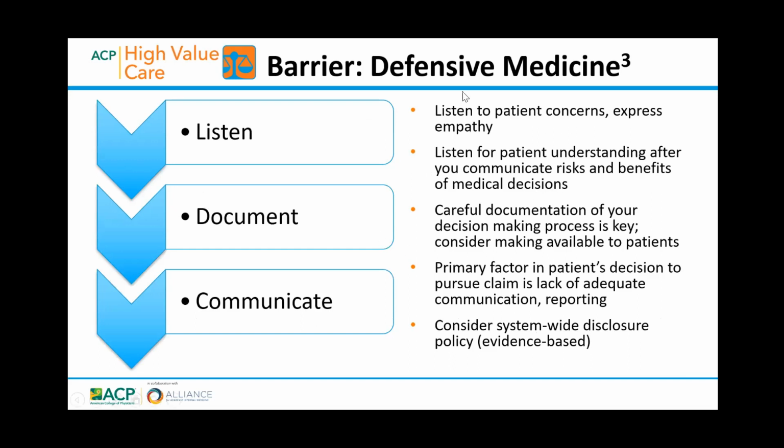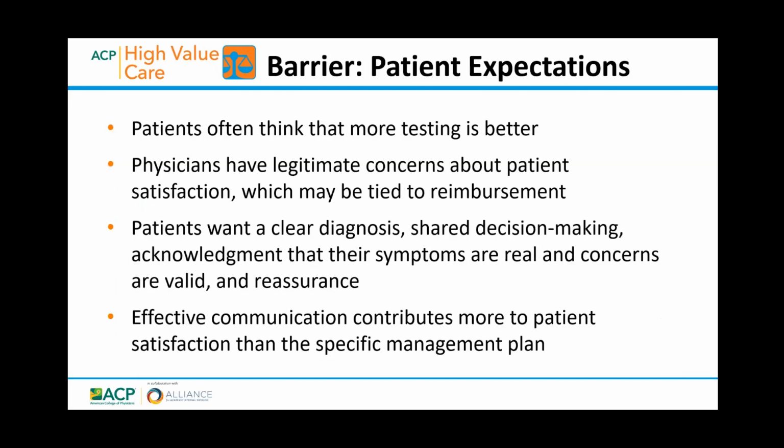And some other barriers that we can overcome by listening to our patients, making a plan that revolves around them, and documenting carefully. But it's really often difficult with our patients' expectations, because patients often think more testing is better. So we have to spend all that time explaining to them why that might not be the case.